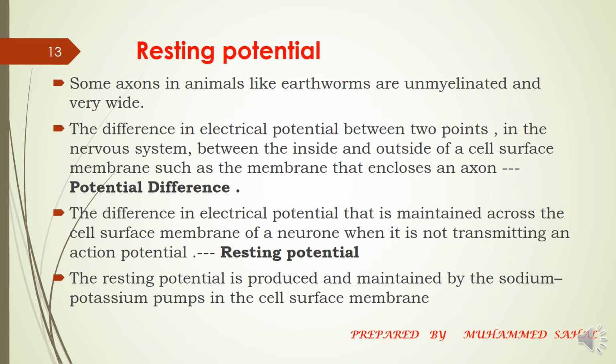Resting potential means the difference in electrical potential that is maintained across the cell surface membrane of a neuron when it is not transmitting an action potential. The resting potential is produced and maintained by sodium and potassium pumps in the cell surface membrane.